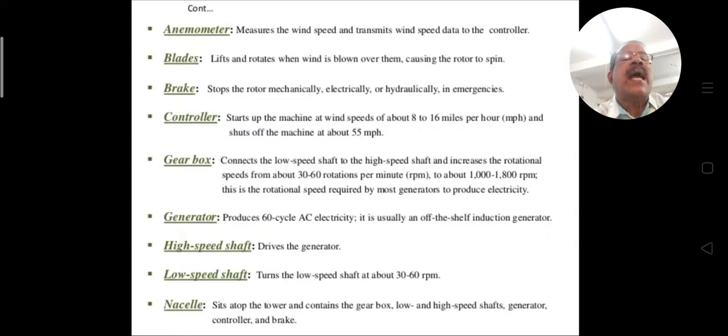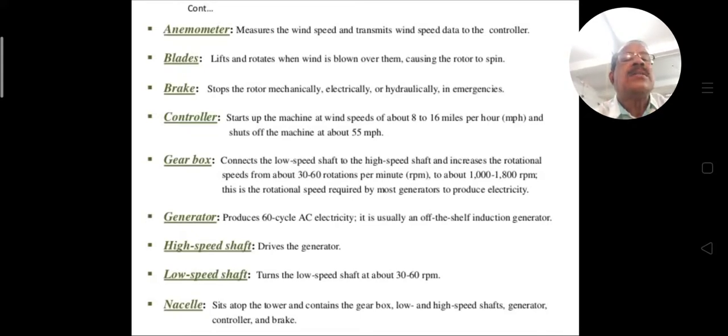This means the maximum speed of the blades is 55 miles per hour, roughly 75 to 80 kilometers per hour. The controller automatically stops the machine. It is used to start up the machine and automatically stop it at high wind speed.